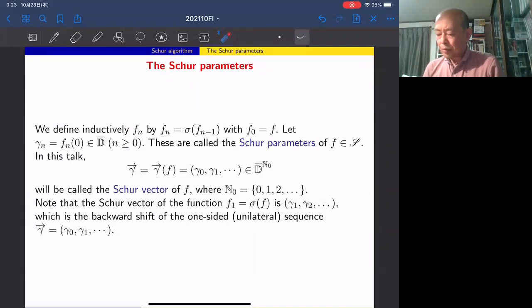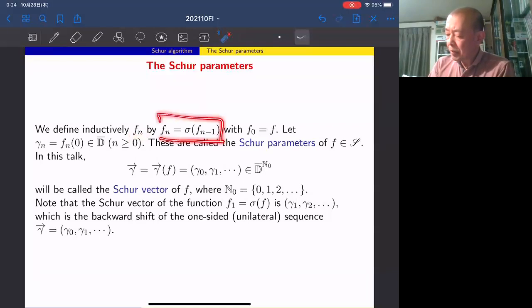And since sigma is a self-mapping of the Schur class, we can iterate this operation, and we define inductively f sub n by letting f sub n be sigma of f sub n minus 1, and we start with f. In this way, we have a sequence of functions in the Schur class, and we put gamma n to be the value of the function f sub n at the origin.